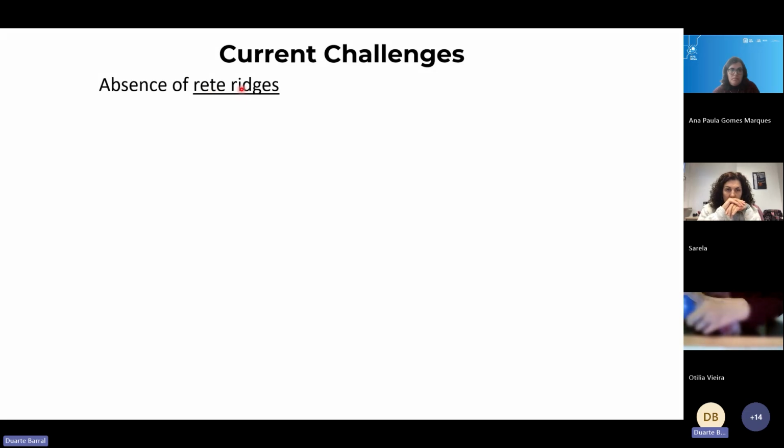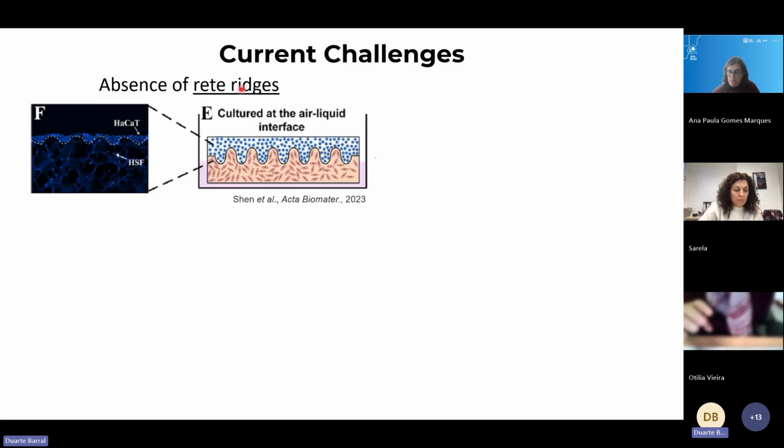So those protrusions of the epidermis into the dermis, the models that I showed don't have that. But now with bioprinting, there are several studies that are mimicking these rete ridges. So what you see here, these protrusions, with the bioprinting to allow skins with these rete ridges, because these rete ridges are important for the skin's rigidity and mechanical strength and resistance to mechanical stress.